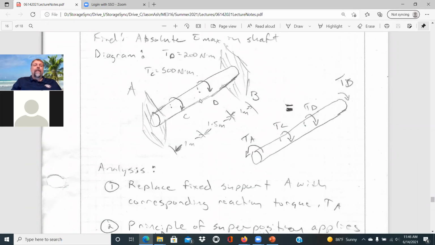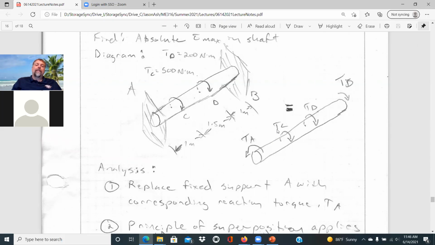Right. And so the torques that are applied along with the lengths of the shafts are dictating what the boundary reactions are. And so the torque at A is in this opposite direction. And so that would be the torque that's subjected within this first portion of the shaft.